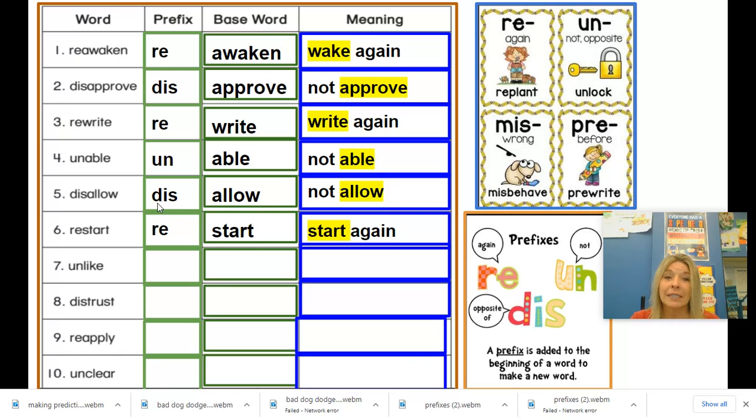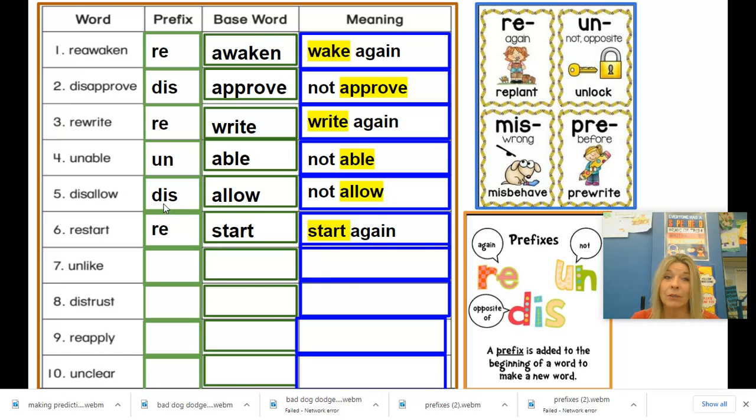Disallow, dis is our prefix, allow is our base word. Dis also means not. Dis and un can be a little tricky, okay? So we have to make sure we're picking the right one. Our definition is to not allow.